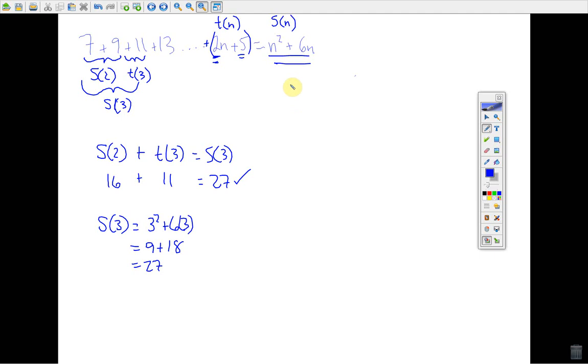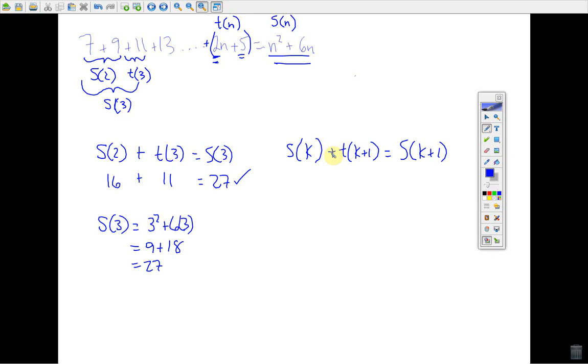In this case, we're going to take the sum up to any term, which we're going to call k. We're going to add the next term, k plus 1, and it's going to equal the sum up to k plus 1. So just like in our little example here, k would be 2. 2 plus 1 is 3, and that would equal the third term.